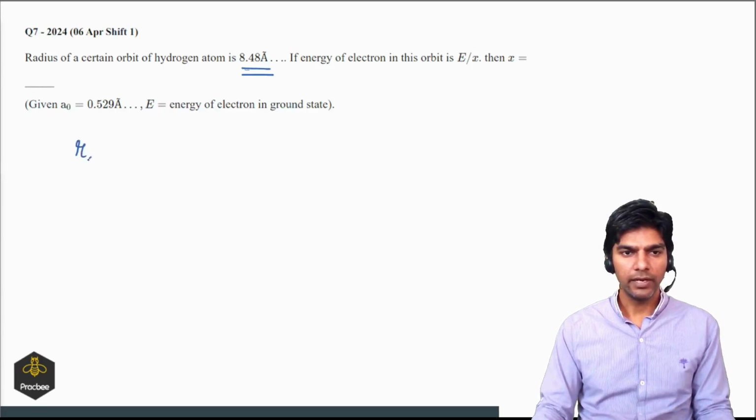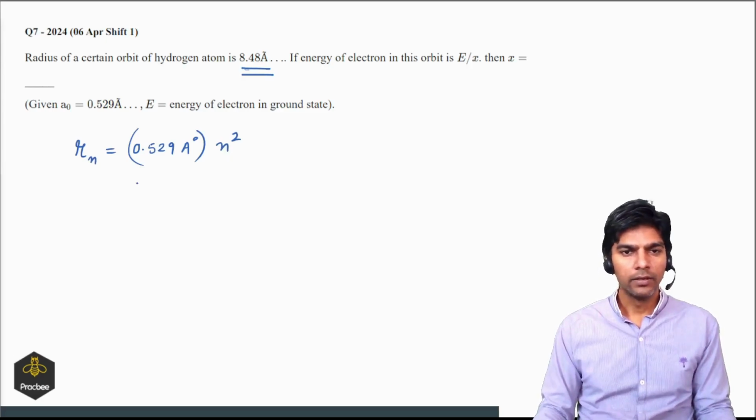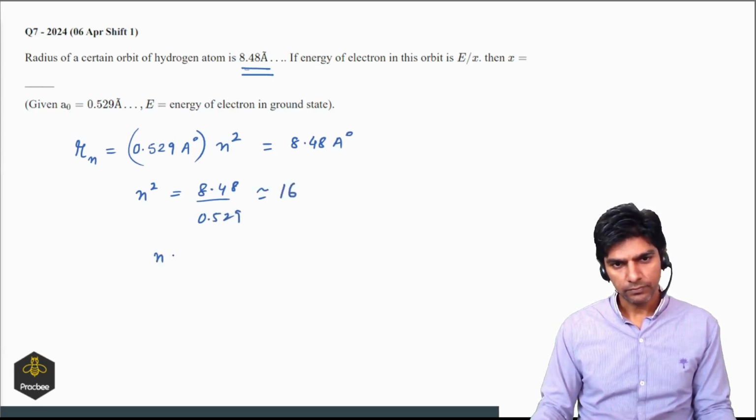We know that Rn is 0.529 angstrom times n square by Z. It's a hydrogen atom, so Z will be 1, and this is given as 8.48 angstrom. So n square will be 8.48 divided by 0.529, which is nearly equal to 16. So n comes out to be 4.